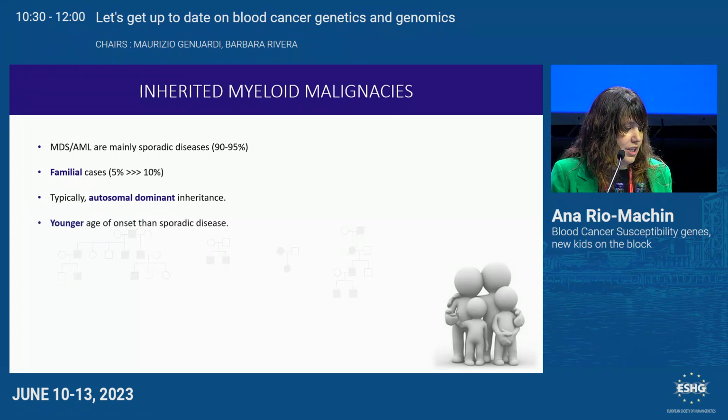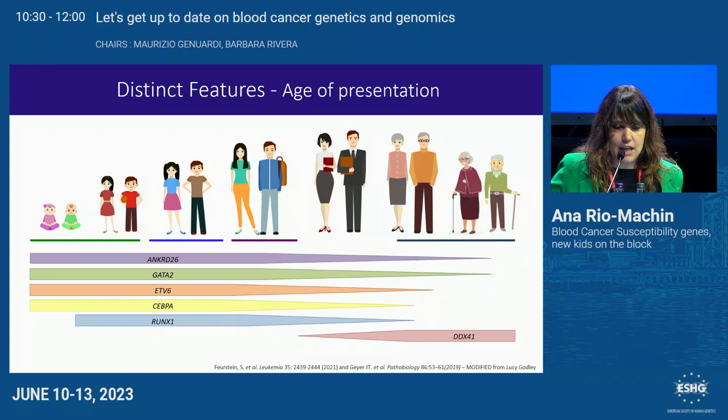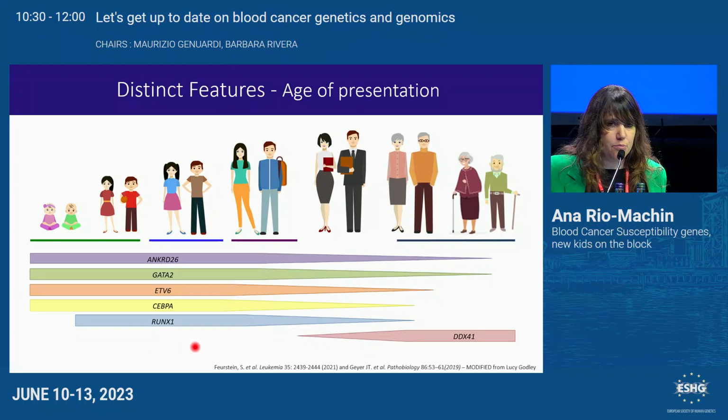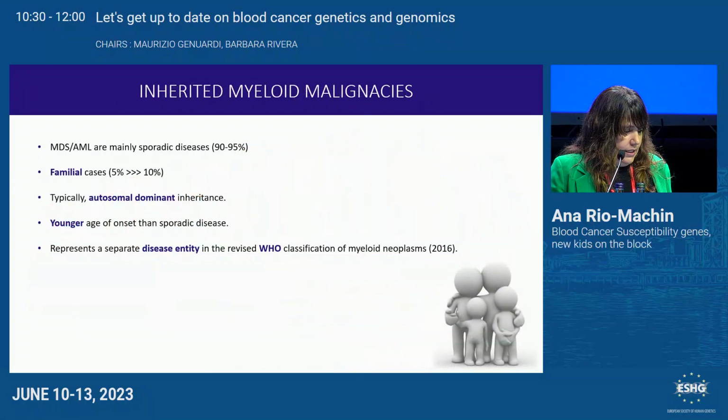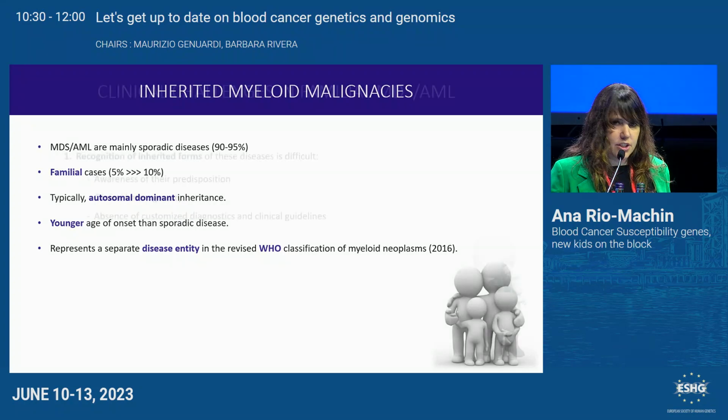The age of onset is younger than sporadic disease, but again, DDX41 is a game changer because, as James mentioned before, the age of onset of patients with DDX41 germline variants is close to that of sporadic disease, in comparison to the other most recurrent predisposing genes in acute myeloid leukemia. And as I said before, it represents a separate entity in the classification of myeloid neoplasms.